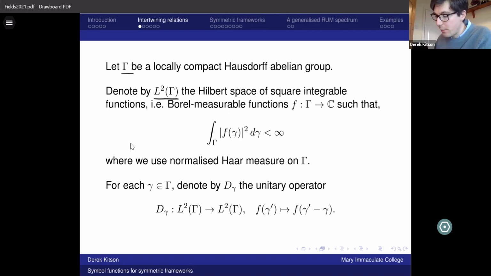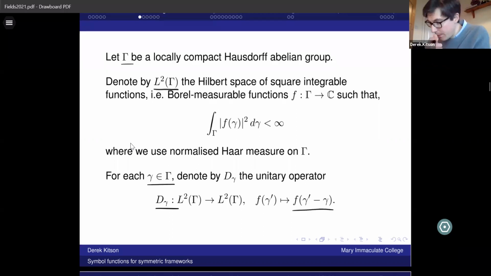And for such a space, for each element of our group, we have what you can think of as a sort of shift operator, a sort of shifting that happens coming from each element of our symmetry group. So this is all scalar valued stuff.